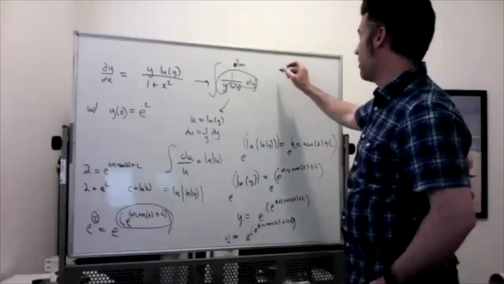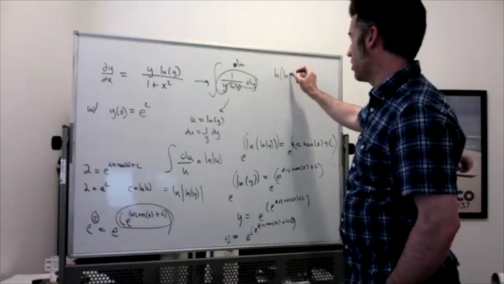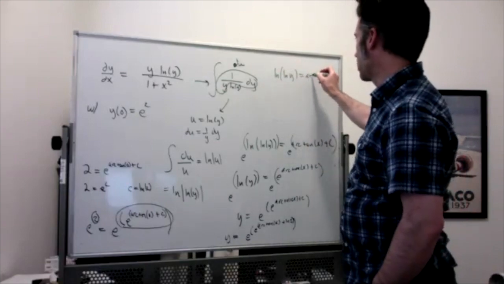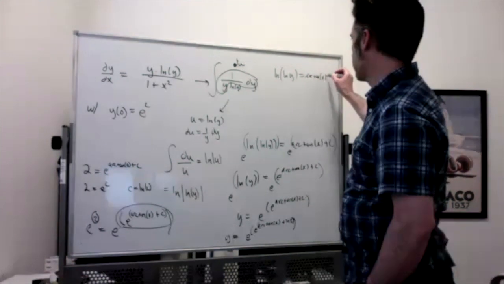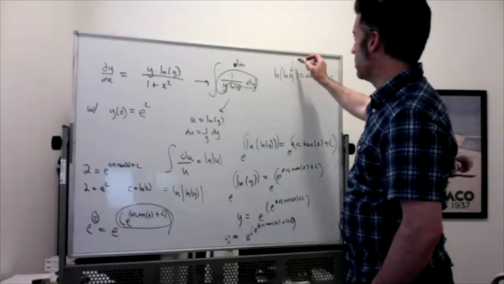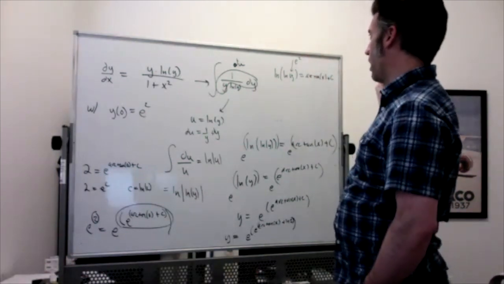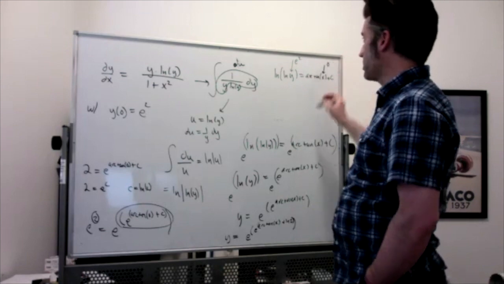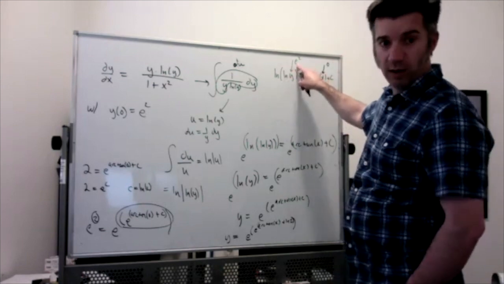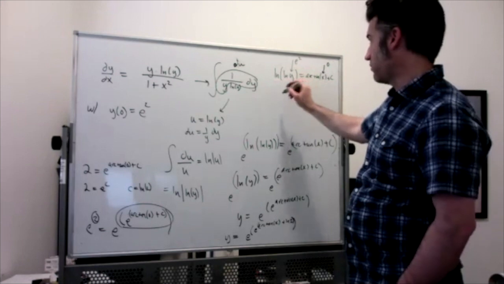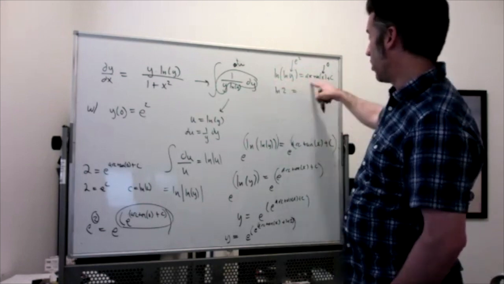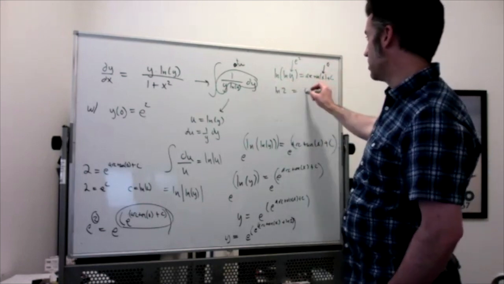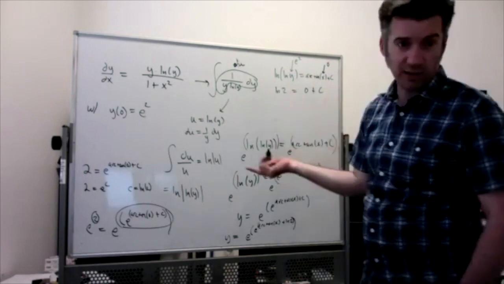If I had gone back to the natural log of y equal to the arc tangent of x plus c, and I plug in e squared for y and 0 for x, the natural log of e squared is 2. So I have the natural log of 2. And arc tangent of 0 is 0. So you get c equal to the natural log of 2.